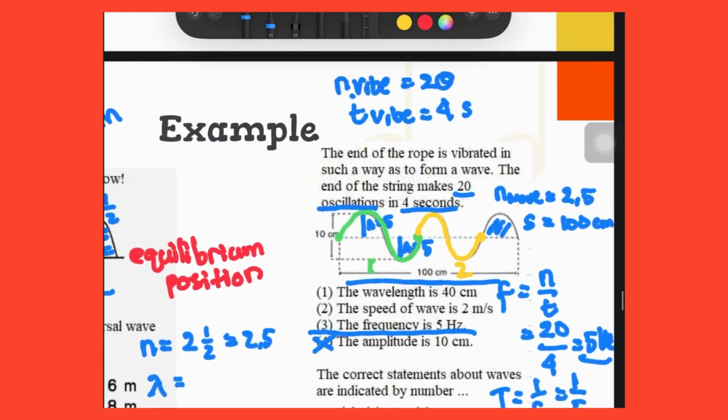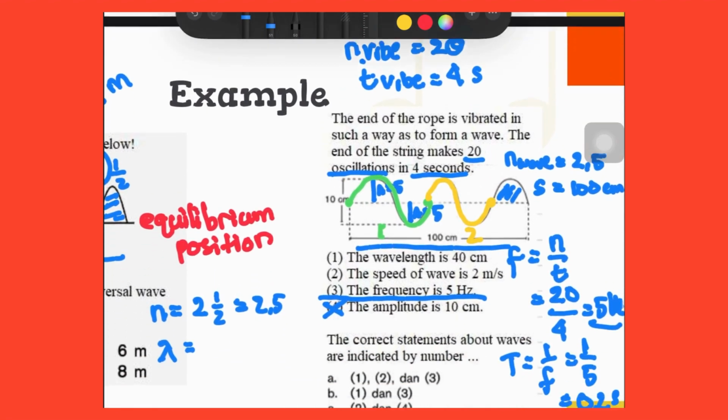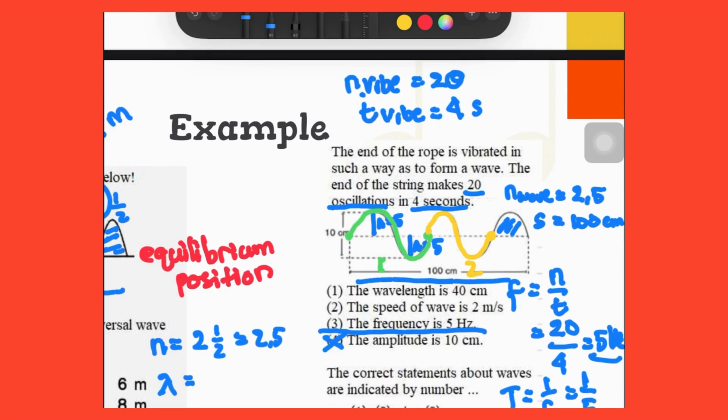Lambda, or wavelength, equals the distance the wave travels over the number of waves. So 100 over 2.5 equals 40 centimeter. So this is correct.